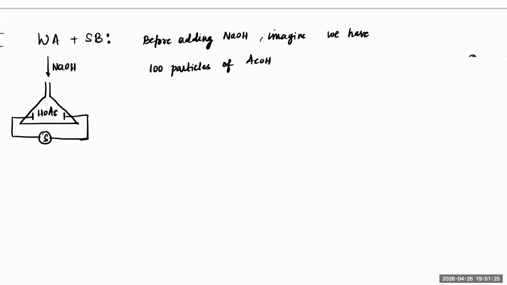Imagine initially, out of these 100 particles, before adding anything, due to its weak dissociation, let's say two particles are already dissociated, which means currently I have 98 particles of acid and two particles of ionized acid.